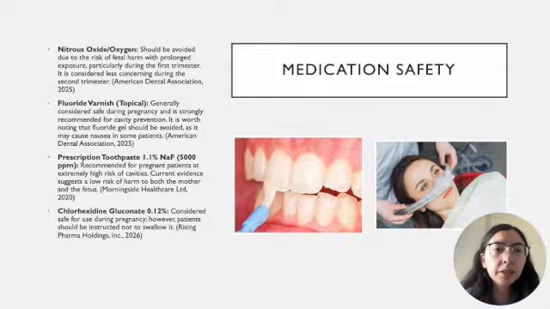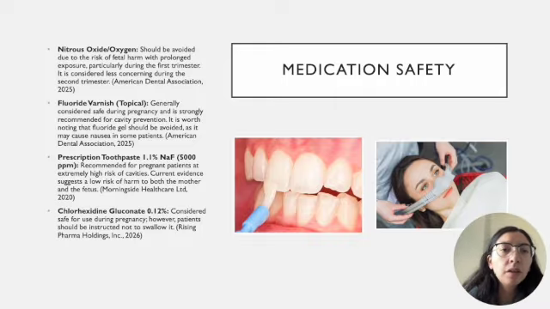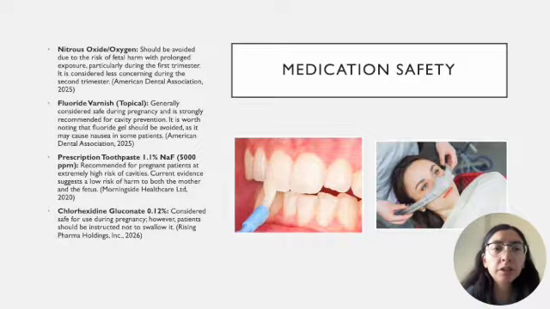It is considered less concerning during the second trimester. And fluoride varnish topical is generally considered safe during pregnancy and is strongly recommended for cavity prevention. It is worth noting that fluoride gel should be avoided as it might cause nausea in some patients.